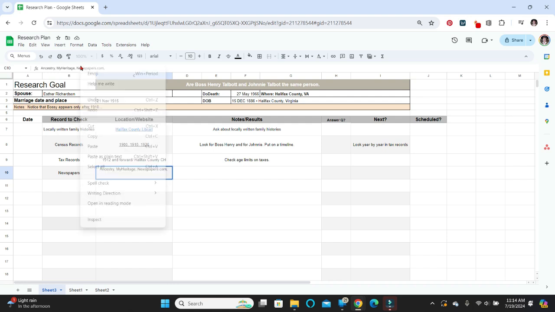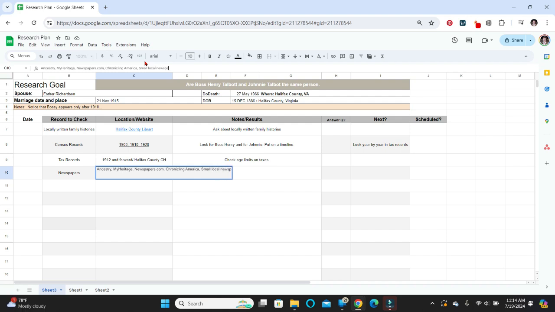I would look at newspapers.com, I would look at Chronicling America. And then I would additionally check for small local newspapers at the library. Okay. So I would check for them that way.